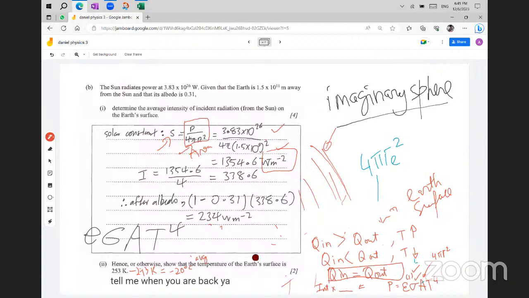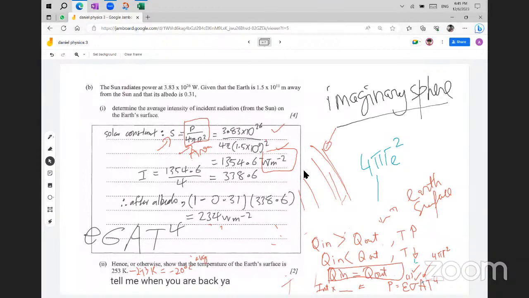So 234 equals 1 times a constant, which is 5.67 times 10 to the power of minus 8, times temperature to the power of 4.